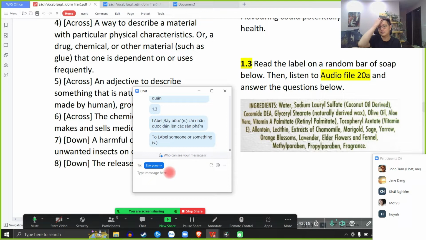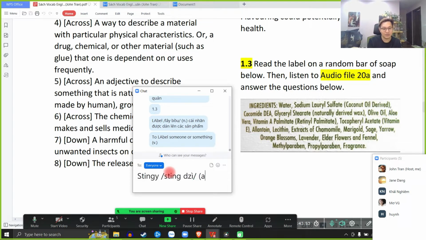To label someone or something. Giống kiểu mà dán mác cho người này, giống như kiểu là người này là người từ xứ này, chắc phải có tính cách này. Like people often label someone from a region. For example, people often label the South Vietnamese people as being lazy. For example, người ta thường là dán mác cho người Việt Nam là lười biếng chẳng hạn. Or people often label the Central Vietnamese as stingy.